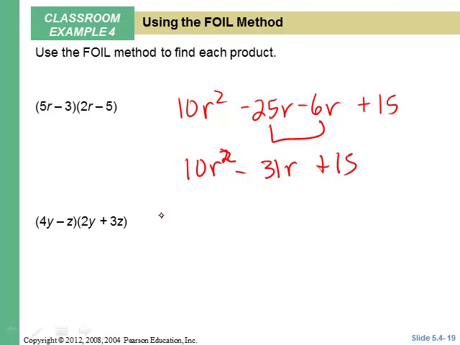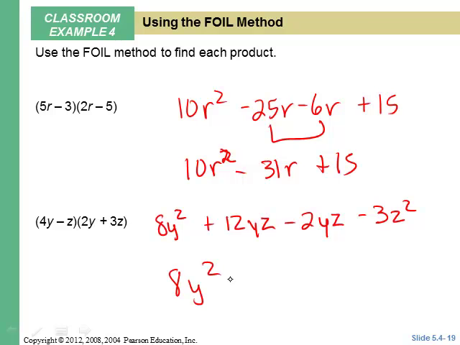Firsts, 8y squared. Outsides plus 12yz. Insides minus 2yz. Last is minus 3z squared. 8y squared plus 10yz minus 3z squared.